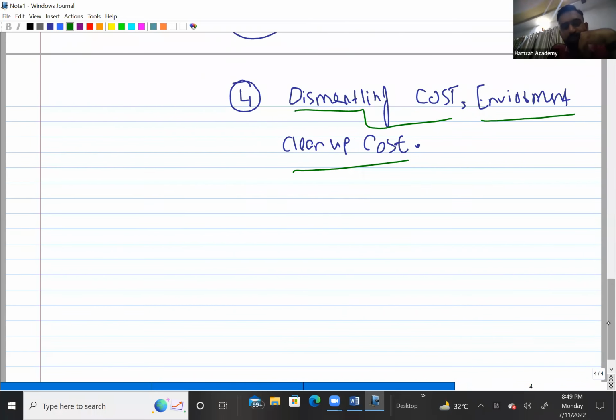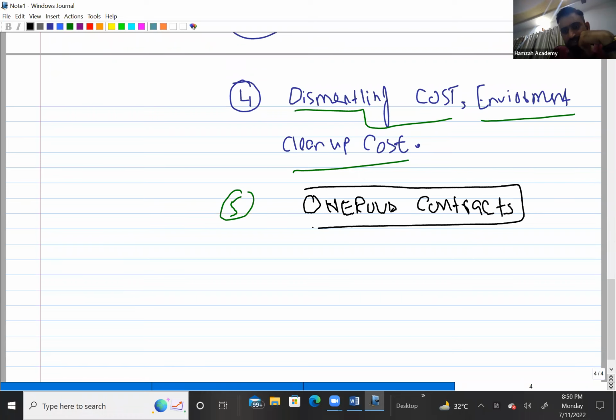Another example of a provision is onerous contracts. What are onerous contracts? Anyone?